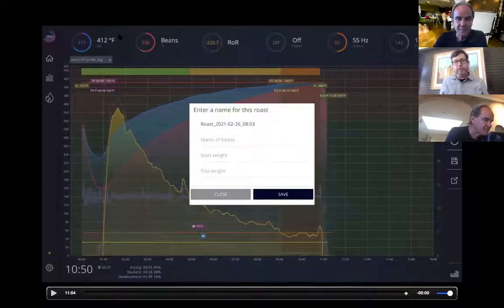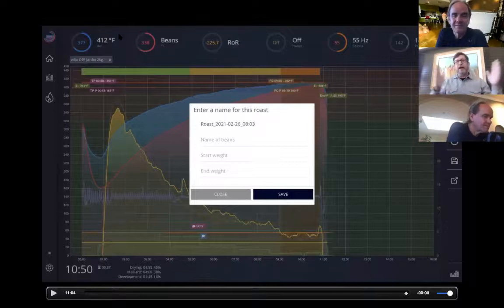Like with a moister bean, I might use yellowing as my first indication to decrease the gas. With a drier bean, I might wait a minute or two after yellowing to give it my gas reduction, because it's a little bit harder, I think, to penetrate into the middle of a dry bean with energy. It doesn't have the benefit of moisture to conduct that energy from the outside to the inside of the coffee bean.